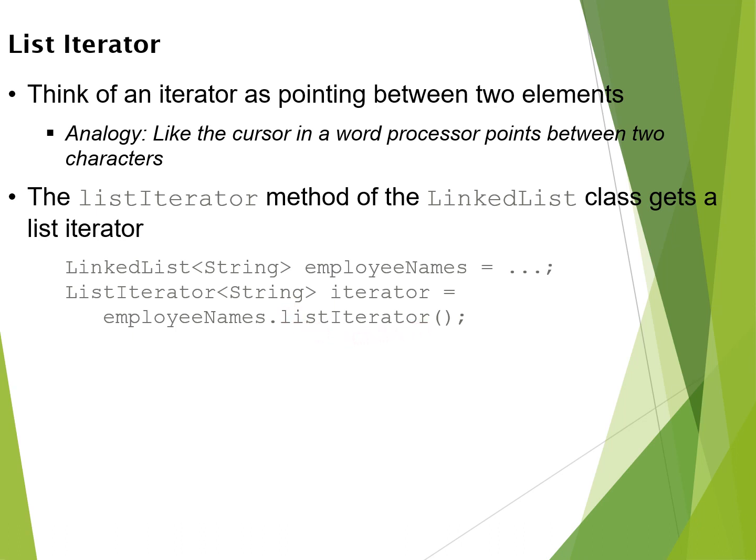So let's assume that you have a linked list called employee names, which is a linked list of strings. You can define a list iterator of strings called iterator, and set it equal to the list iterator method of employee names. So now iterator points to the beginning of that employee names linked list.